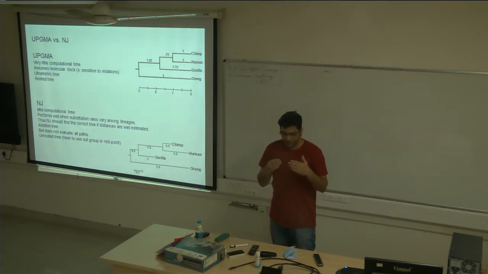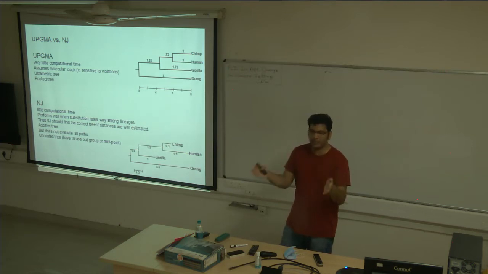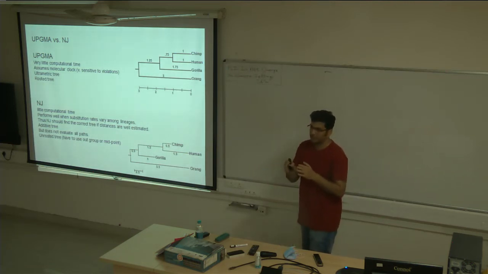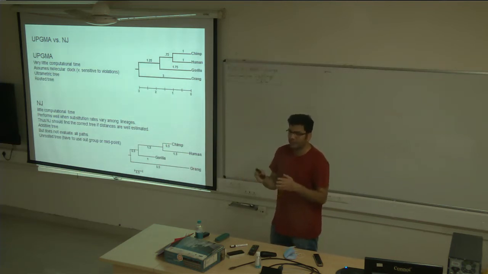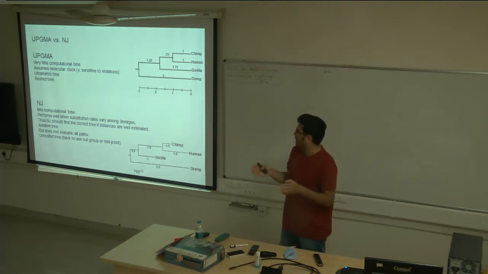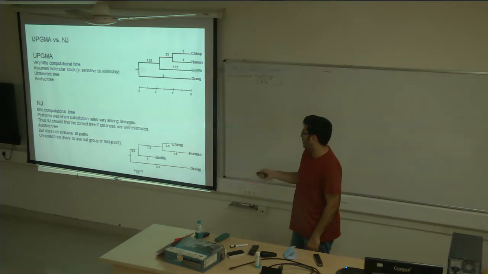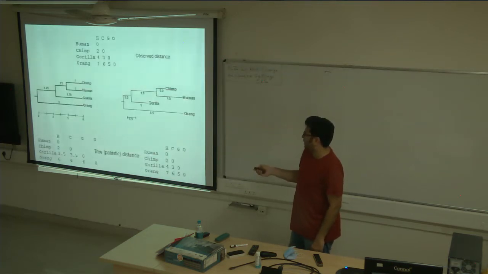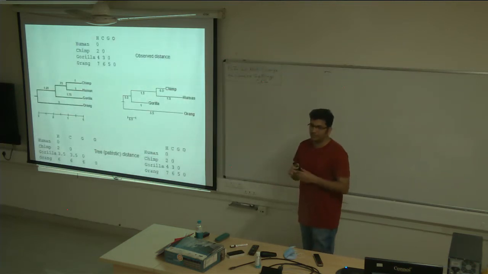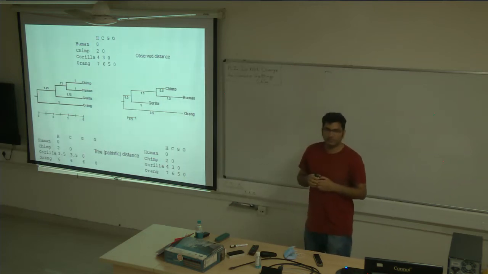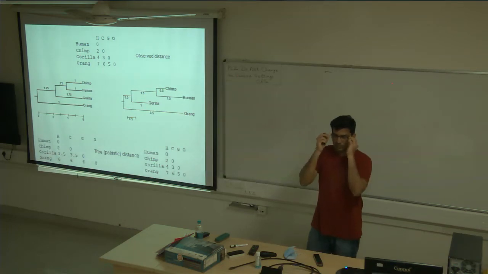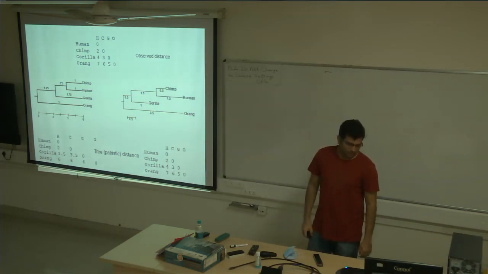Once two lineages diverge from the common ancestor, their rates of evolution vary, depending on other factors. But the point is that they are not the same. So neighbor joining uses a rate corrected distance, and you incorporate the variation in rate across lineages. It's also a clustering algorithm, just like UPGMA, but it incorporates this rate variation across lineages.